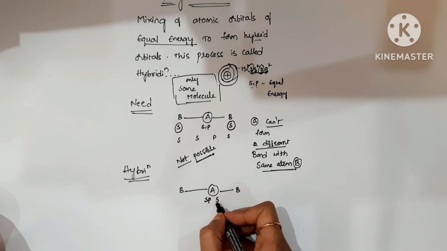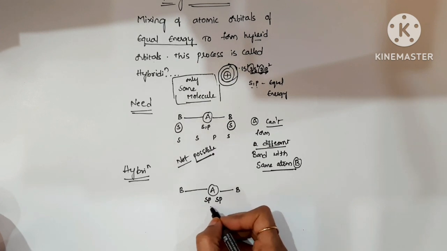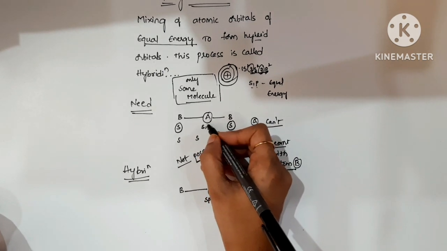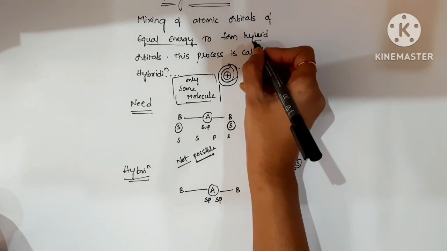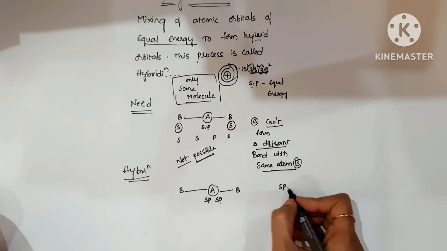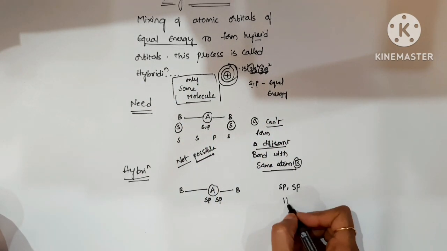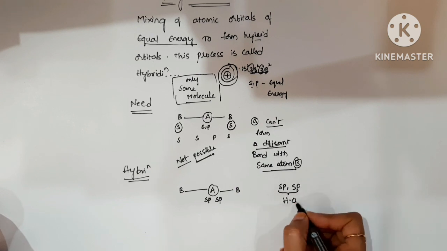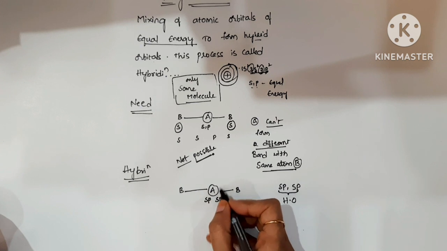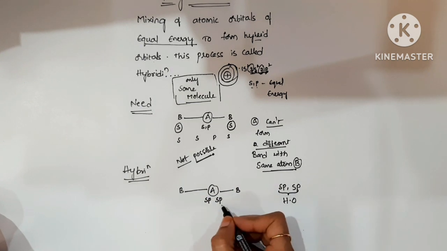They mix up and combine to form hybrid orbitals, that is sp hybrid orbitals. So these hybrid orbitals are formed first in the central atom.